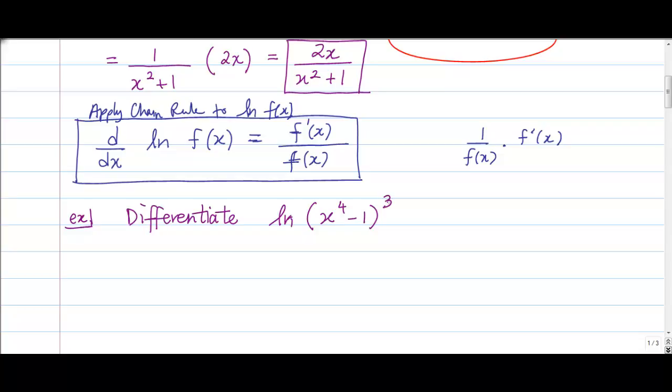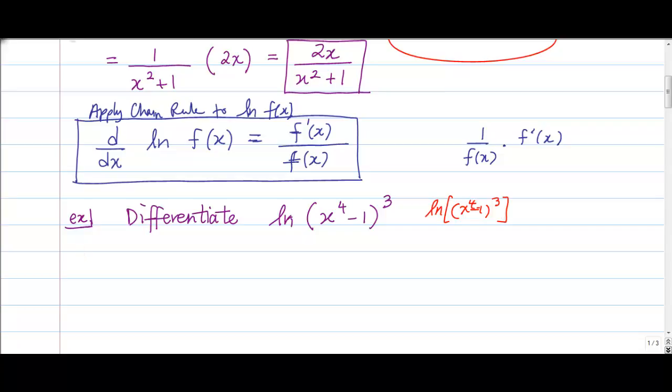Okay. Alright, so now we have a chain rule inside a chain rule, or a function inside a function inside a function. So we have x to the fourth minus 1. That's the inner function. Raised to the third power, that's the outer function, and then the most outer function is ln of that something, right?